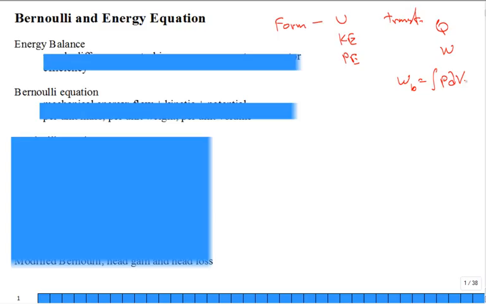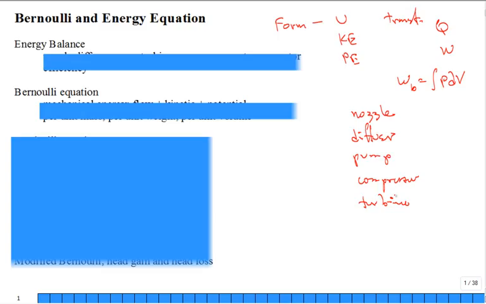What would be some of the simplest devices that you've applied the first law of conservation of energy to in your memory? Would it be something like a nozzle, diffuser, maybe a pump, maybe a compressor, maybe a turbine?